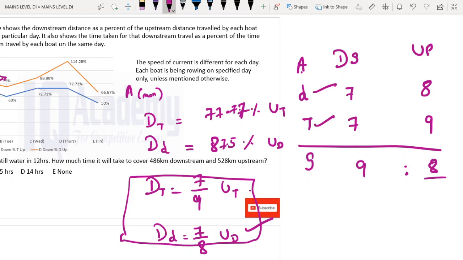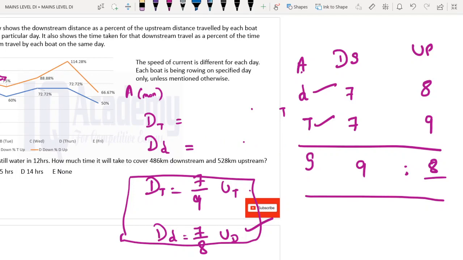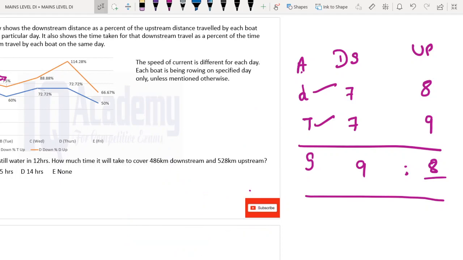So the speed ratio of A is 9:8. So like that we can calculate it for B, C, D, E and F also. So here we are not going to find the ratios of remaining boats. We'll calculate that when we record it.